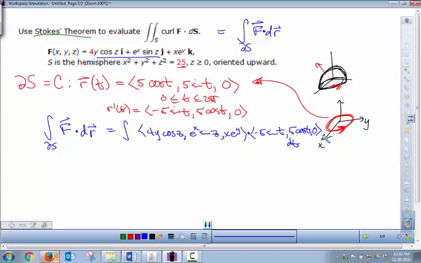Now, this is not really a good way to set this up because I have x's and y's and z's and t's. But let's take a look at the dot product first.